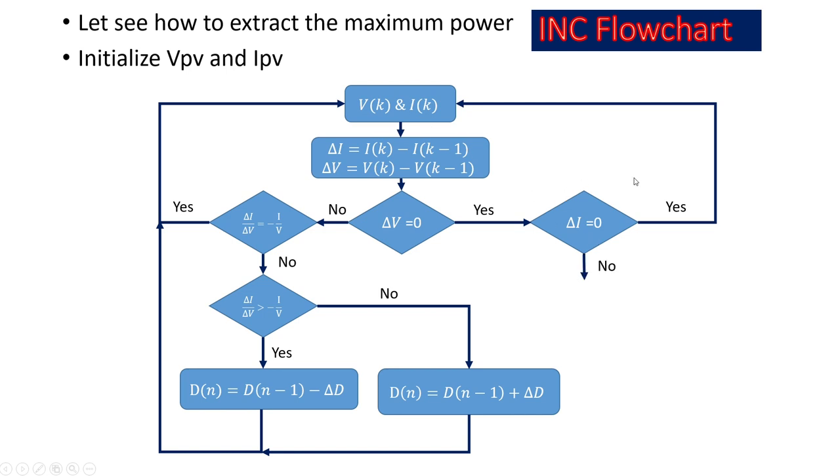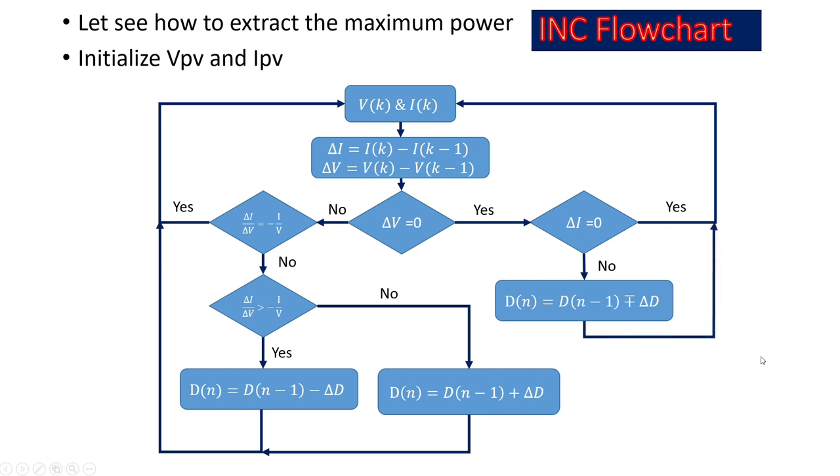If this decision is not met, we need to either increase or decrease the duty cycle of the converter to reach the maximum power. So the final values of V of k and I of k are considered as V of k minus 1 and I of k minus 1 for the next iteration.